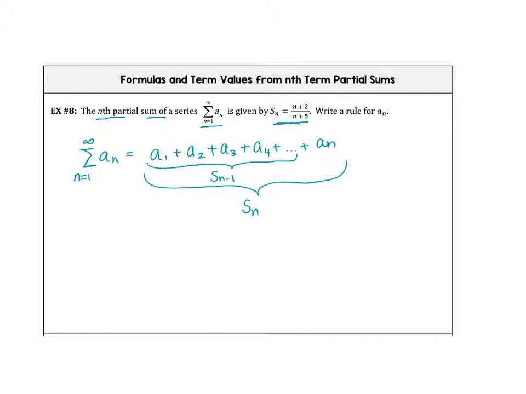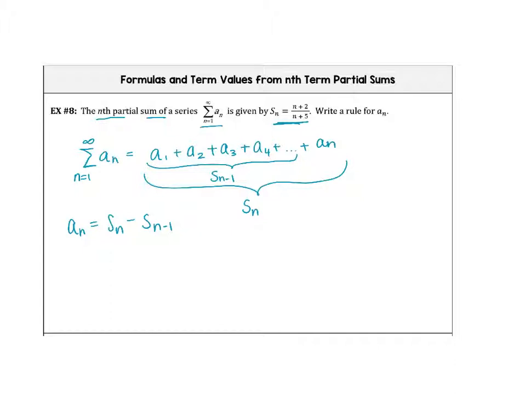Let's say we want all of S sub n, and then everything up until really close to the last part is S sub n minus 1. So it's fair to say that we can rewrite our a sub n as S sub n, all of it, minus everything up until that last term.